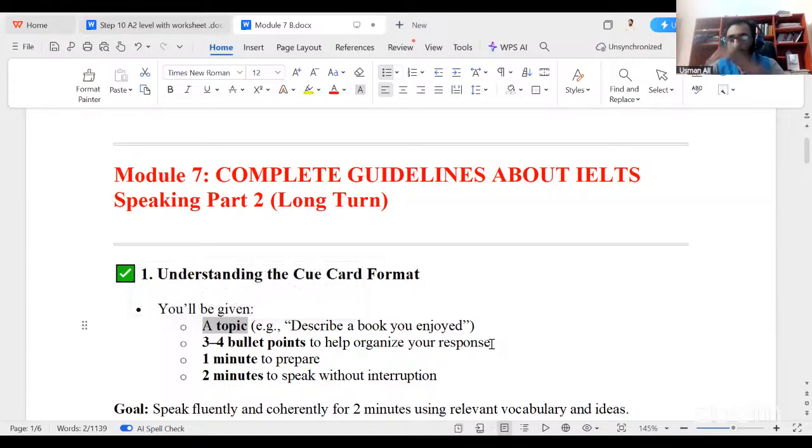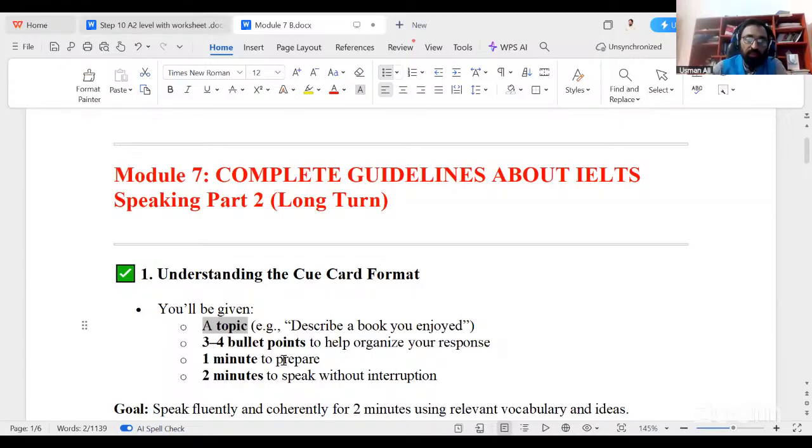For example, you are given a topic in the examination center, and you will see 3 to 4 bullet points, the main headings of the topic. Then you will talk about them.